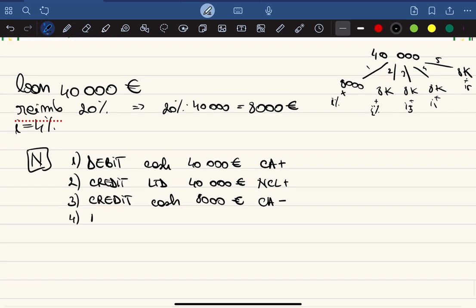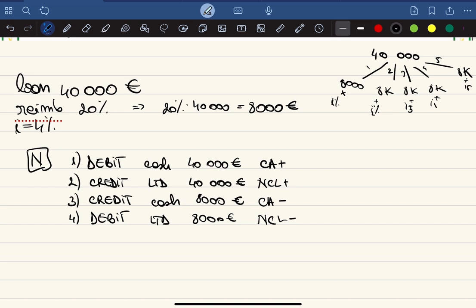Fourth, you debit long-term debt, 8,000 as well, non-current liability minus. You add the money that you already paid to your debt, so now you don't have to pay back 40,000 anymore, you pay back 32,000 next year.